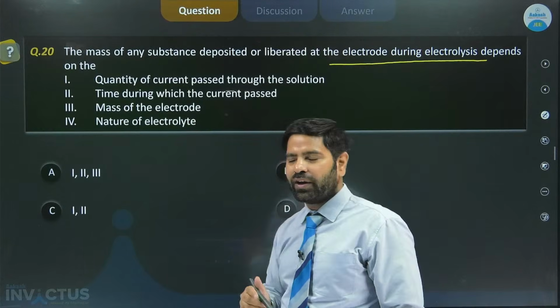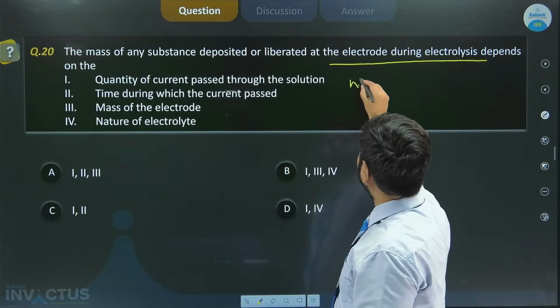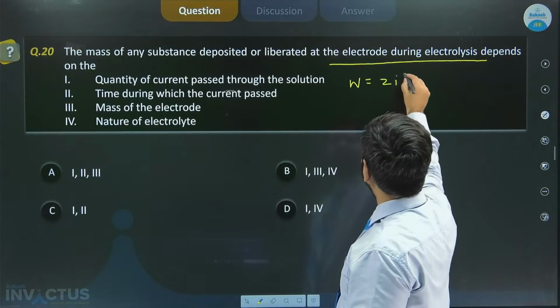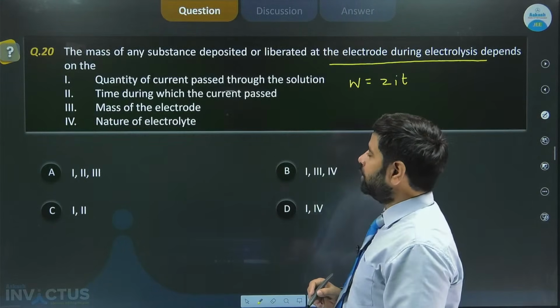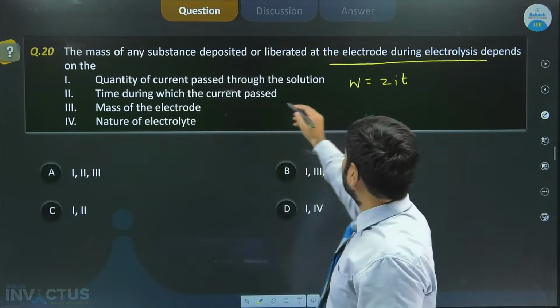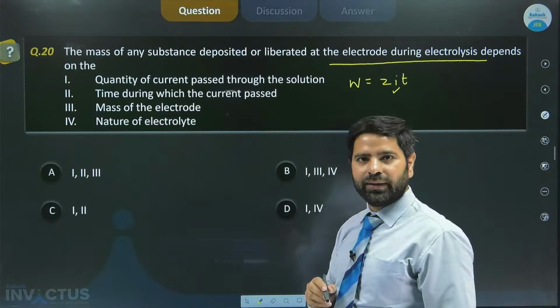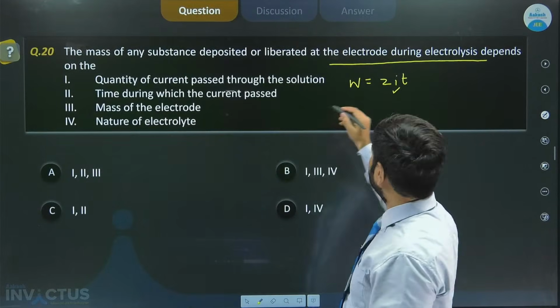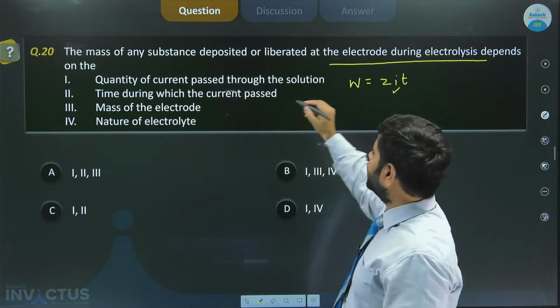Now what is the first law of Faraday? That is W equal to ZIT. So we know that the mass of any substance depends on the quantity of current passed and the time during which the current is passed.